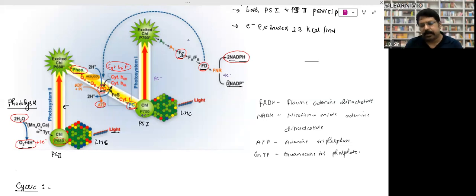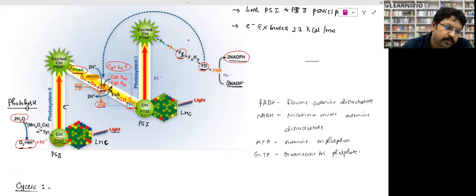In non-cyclic photophosphorylation, NADP plus will receive the electron, and it is the final electron acceptor.